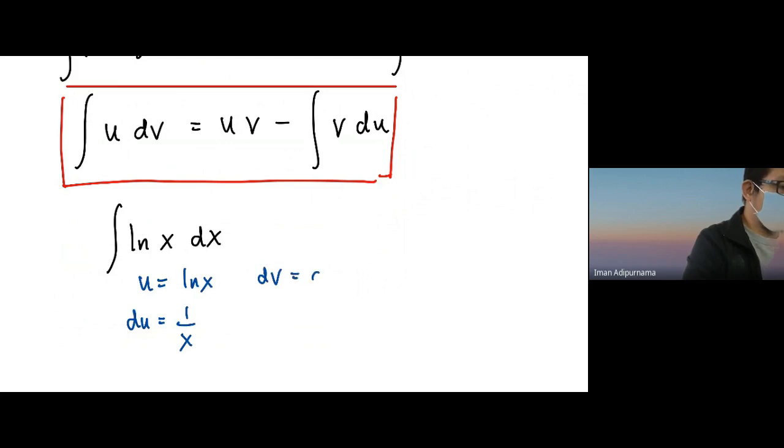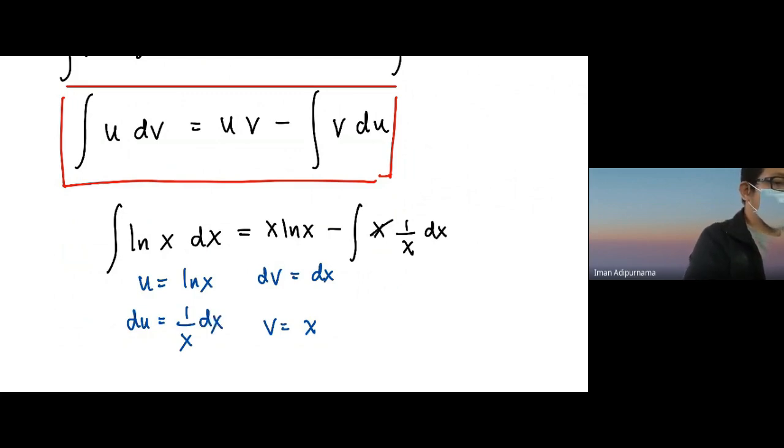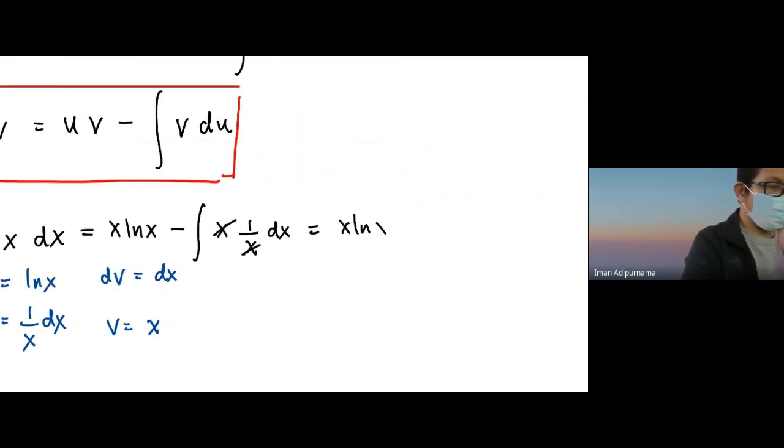We get dv is dx, so v is x. So we can write uv is x ln x, minus integral of v du. v is x, and du is 1 over x dx. We can simply get this as x ln x minus x plus c.